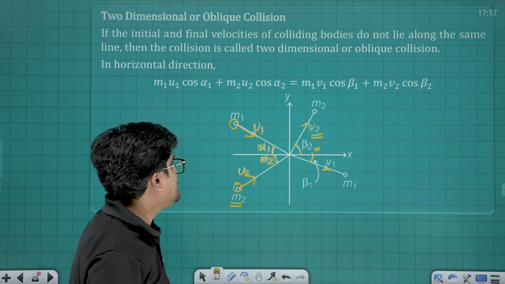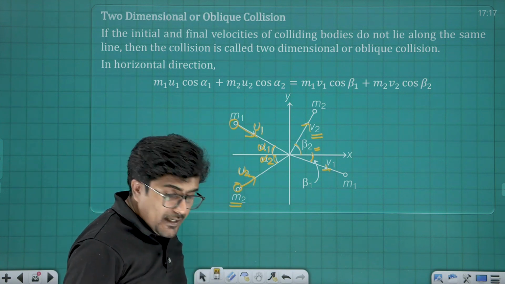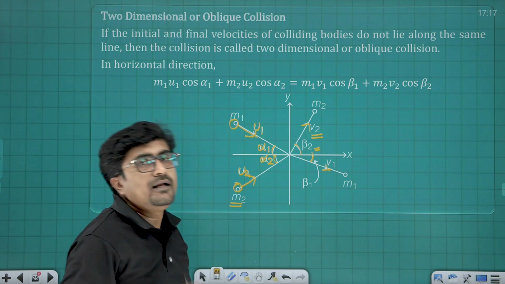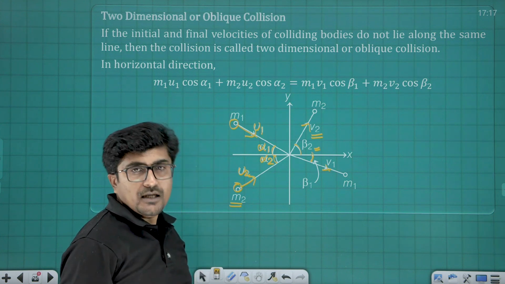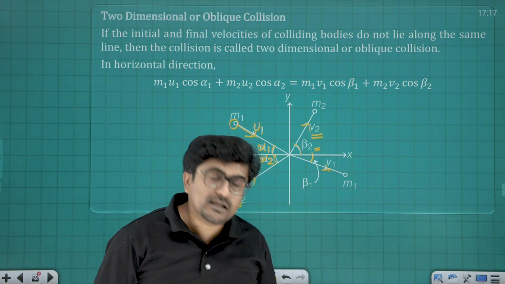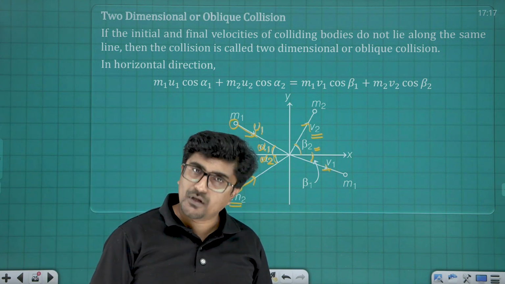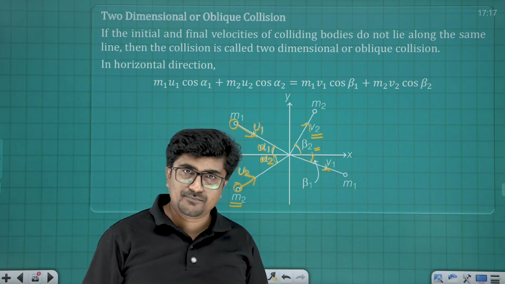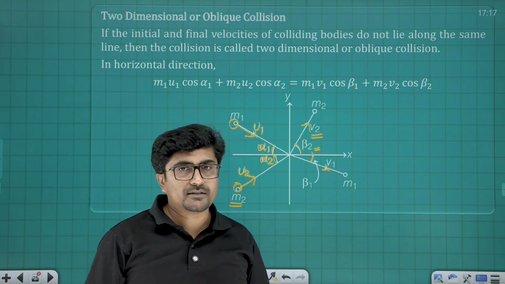Okay, now what you must understand is whether it is elastic, inelastic, or perfectly inelastic, linear momentum is conserved. And once I say linear momentum is conserved, it needs to be conserved along the x-axis and along the y-axis.